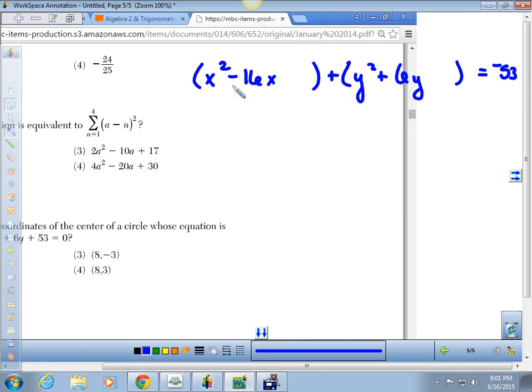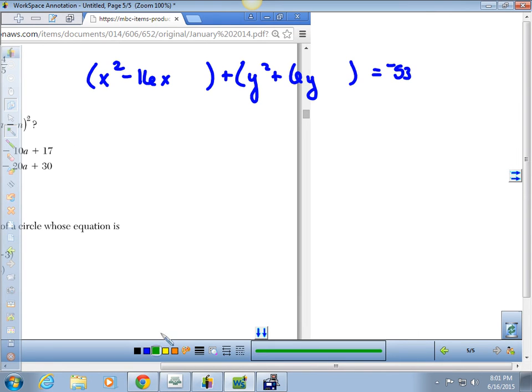Half of negative 16 is negative 8. And then what do we do with negative 8? To get? So we've got to add 64 here, which means we also have to add 64 over here. All right, what's half of 6? 3 squared is 9. So we're going to add 9 here. We've got to add 9 over here as well.